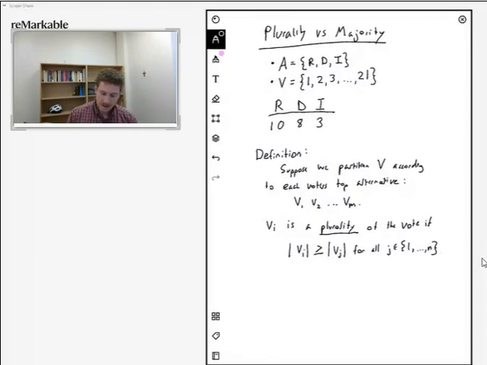Okay. The top candidate according to the voters in Vi is called the plurality candidate.